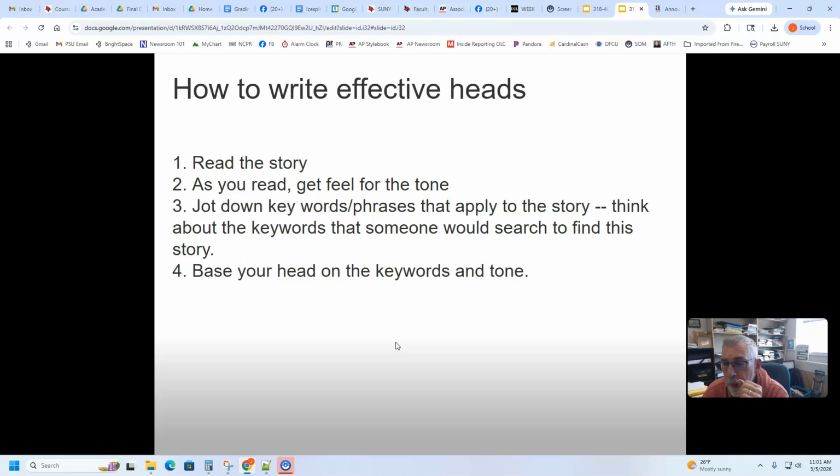So you have to imagine for online headlines the keywords that people would be searching to find this story. When they search these words, I want them to find this story. Therefore, I have to put those words in this headline. It's a challenge to do that and not violate the other rules. And you can't jam every keyword into a headline because it might not make any sense. But you're definitely getting your keywords in.